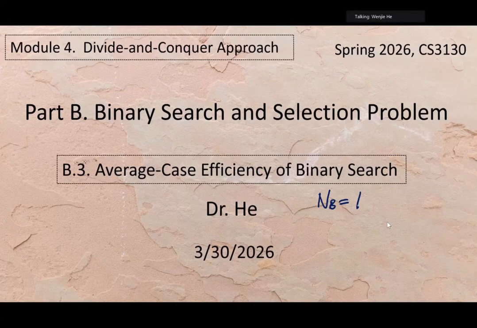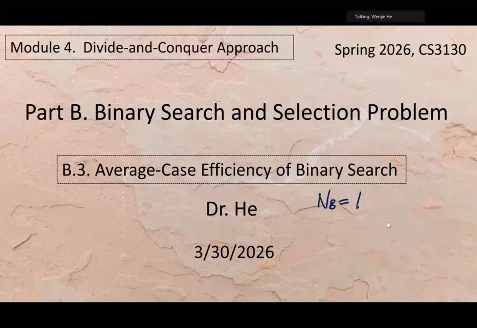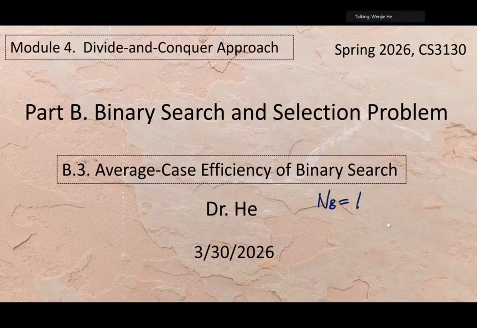about the median, the definition of the median. So let me explain a little bit. Based on our understanding, the median should be the element right in the middle when the array is sorted, right? But there are two cases we need to consider. The first case, the number of elements n is an even number. The second case, the number of elements is an odd number.